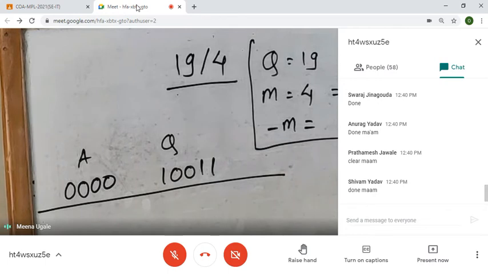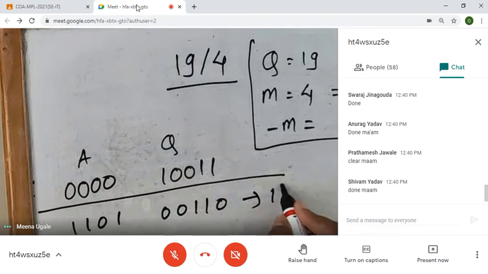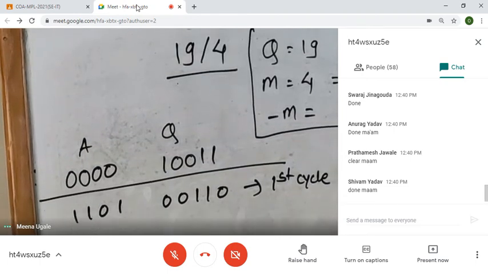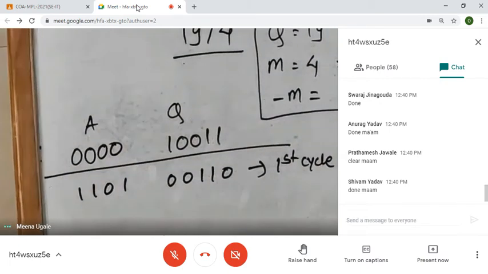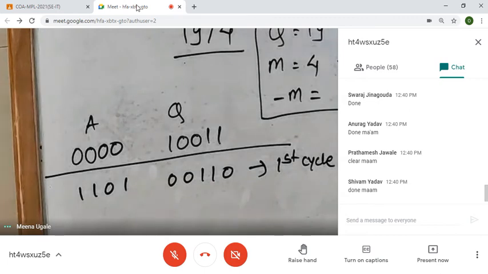Left shift, A minus M, first step, check the value of A. I have written the answer for first cycle. Verify.